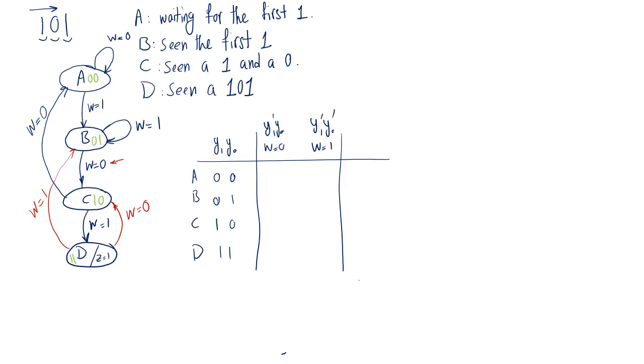Now, if I'm in state A and I get a 0, I would stay at state A, so it's going to be 0, 0. If I get a 1, I go to state B, which is 0, 1. In state B, if I get a 0, I go to C, which is 1, 0.